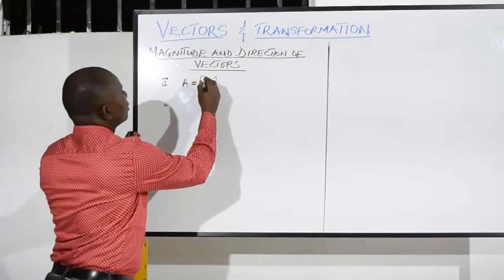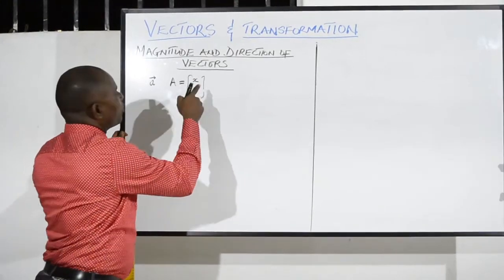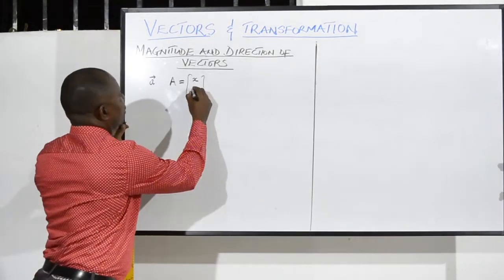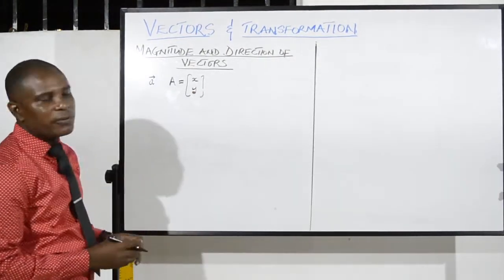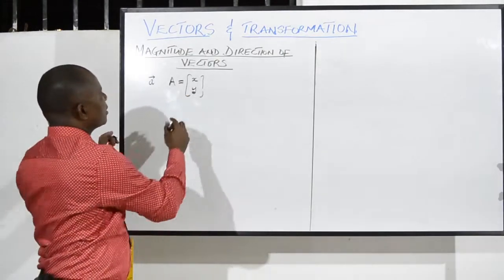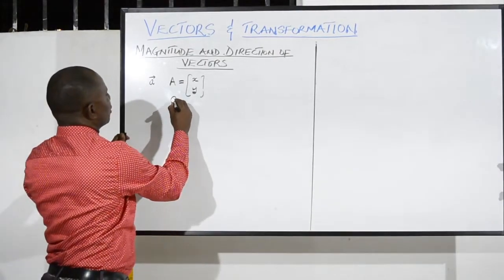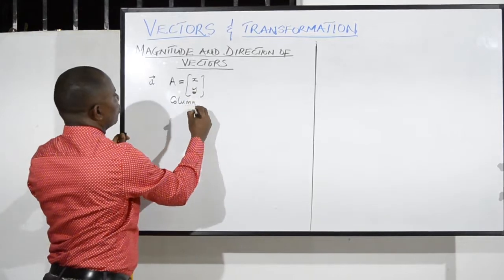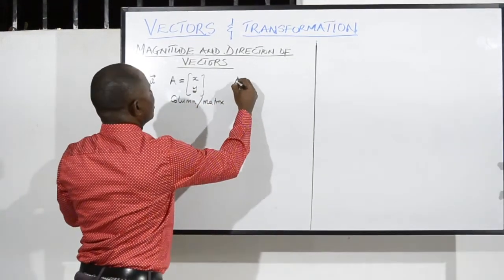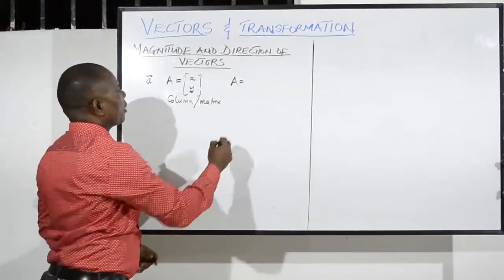Let's say this vector is described in the horizontal direction, that is the x component, and in the vertical direction, which is the y component. This form of a vector is what we call the column vector, the column or matrix form of the vector.